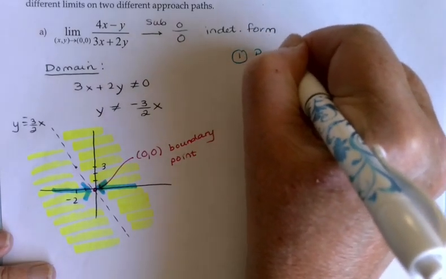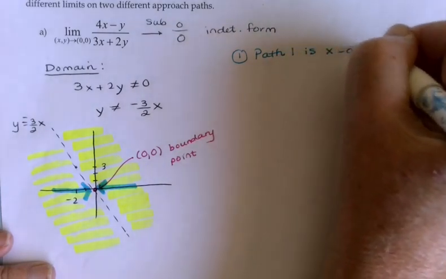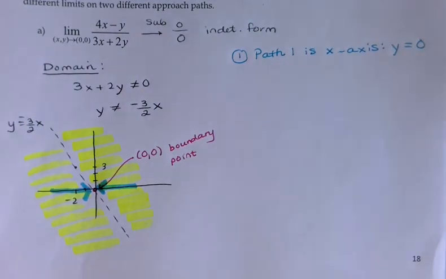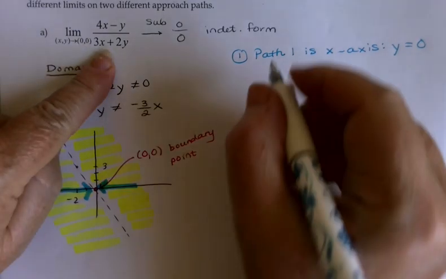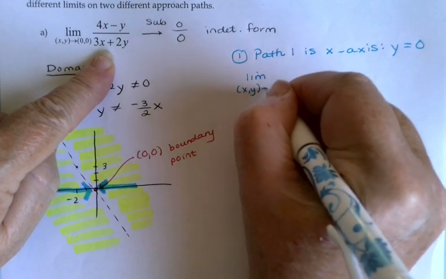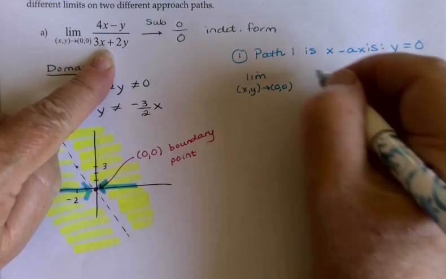Path 1, x-axis, or in other words, y equals 0. Since every point on there has y equals 0, I'm going to go back and redo my limit, but plug in y equals 0.